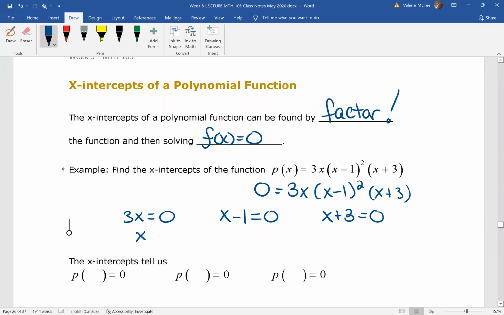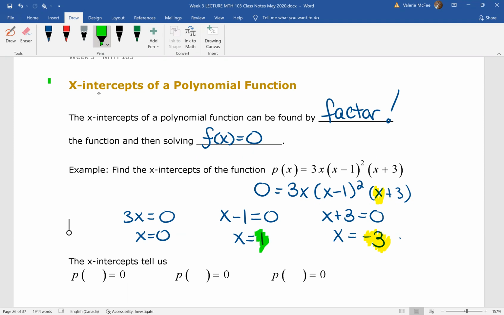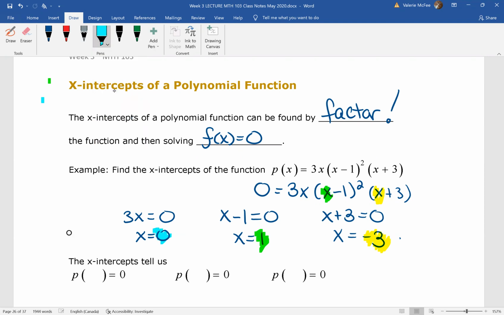This gives us 3 x-intercepts. If I substitute -3 into this factor, it gives me 0. If I substitute 1 into this factor, it gives me 0. If I substitute 0 into this factor, it would give me 0.